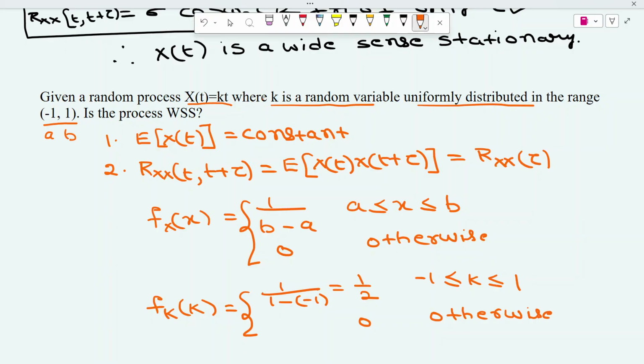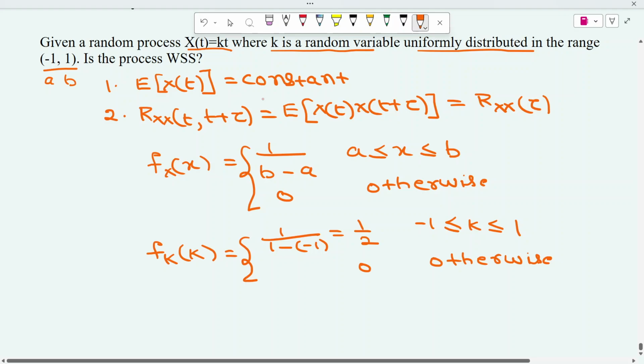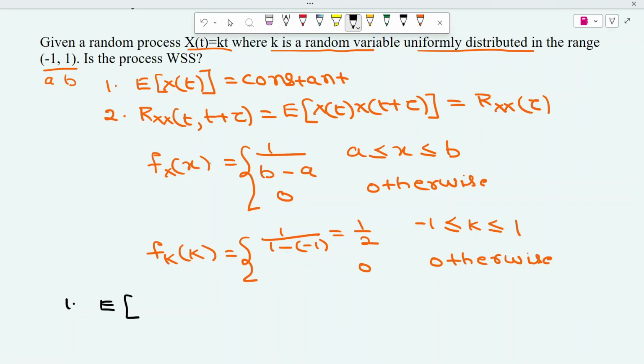So this is the density function of the given random variable k, which is uniformly distributed in the range -1 to 1. What is our first condition that we have to check? The first condition is expectation of x of t.